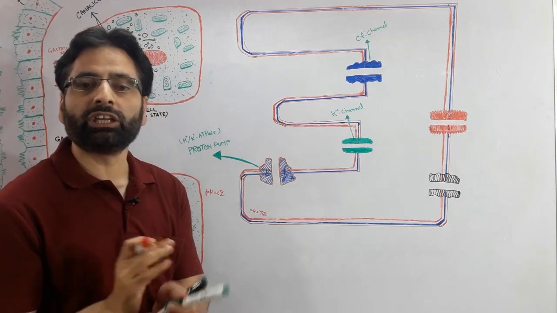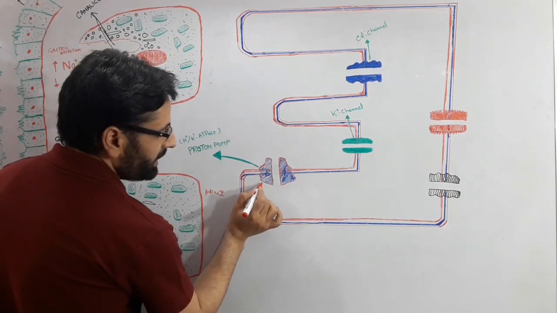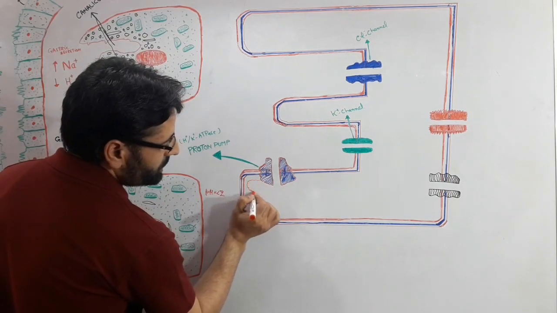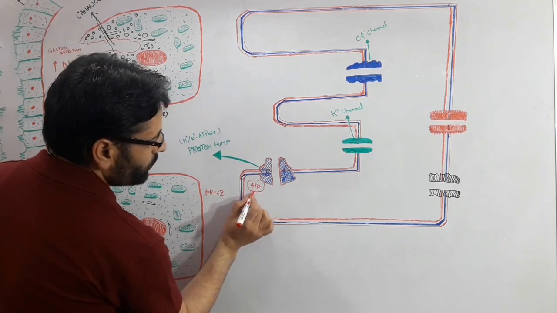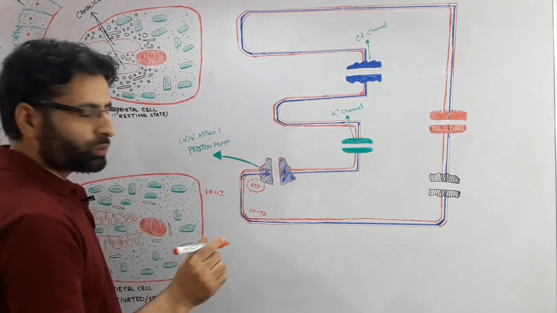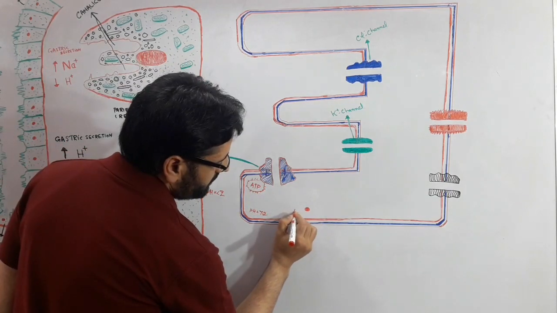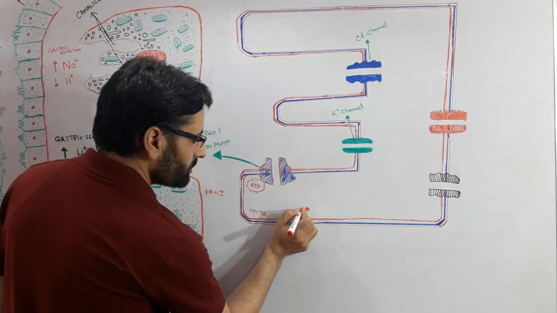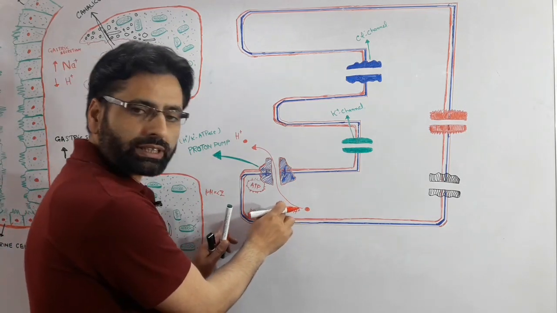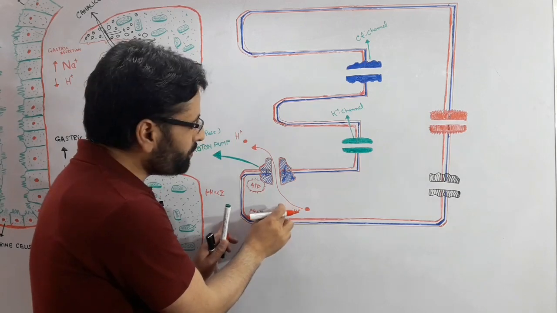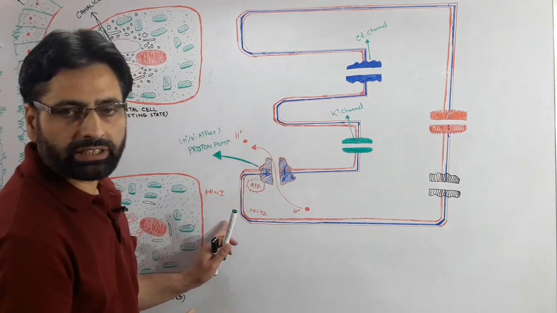So to move this proton against this concentration gradient, the proton pump utilizes energy in the form of ATP. So here you can say that we have to use an ATP molecule, and this ATP molecule is being used to transfer this H positive. So one ATP molecule is used to transfer this H positive from the cytoplasmic side towards the luminal side.